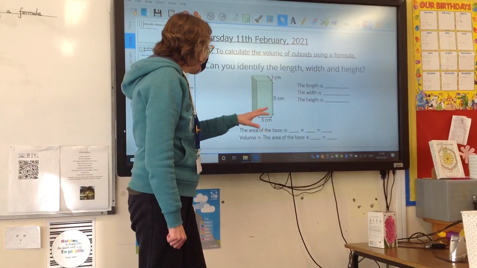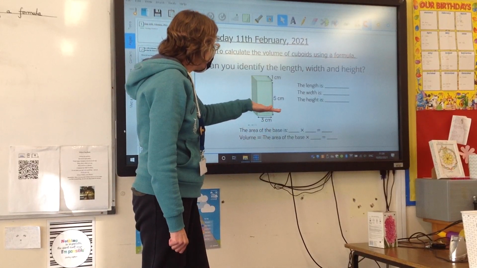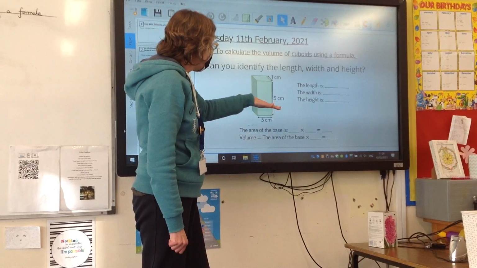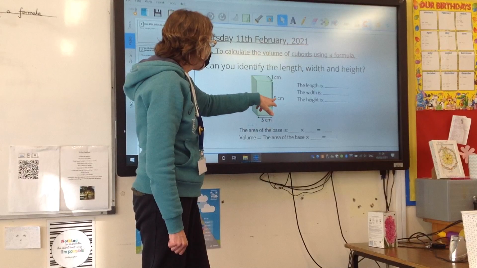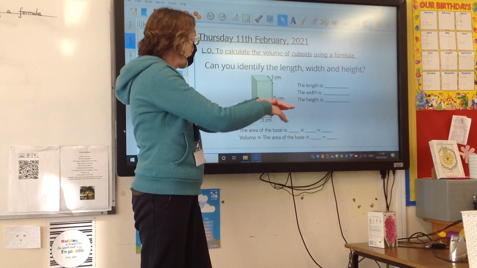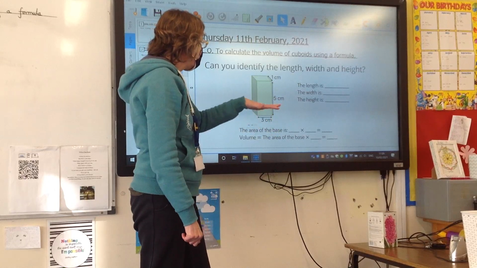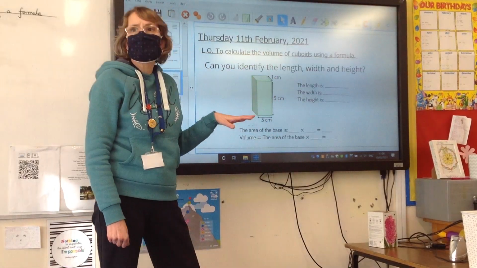Okay? And then if I were to make that out of cubes, I'd need one of my 3 centimetre bases, and another one, and another one, and another one, and another one. I need 5 altogether, layered up on top of each other, a bit like pancakes piled up.